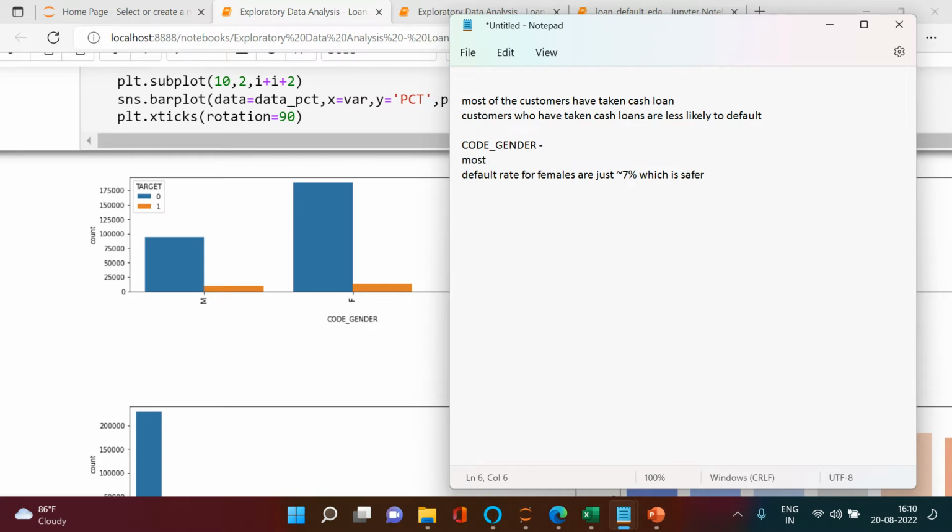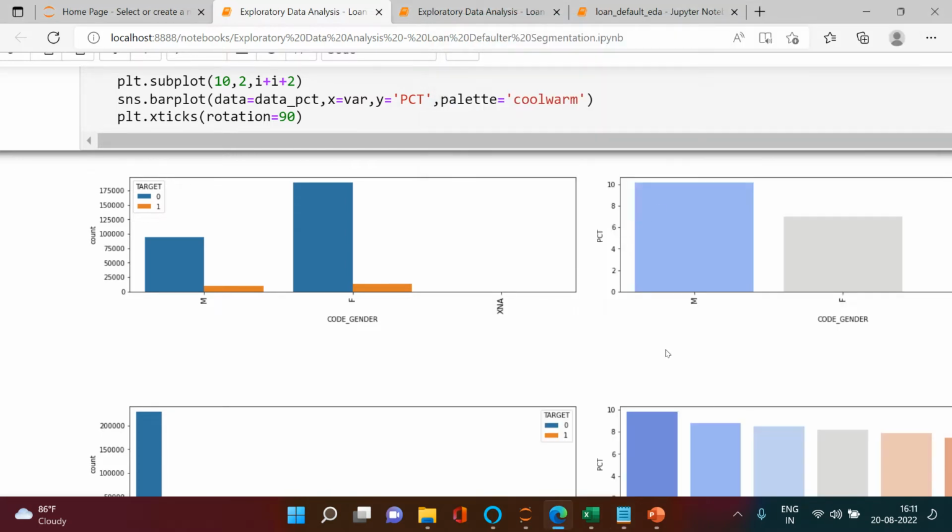Most of the loans have been taken by females, and the default rate is approximately 7%, which is safer and lesser than males. All right, so this is how we conclude.